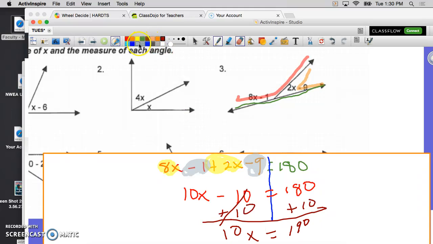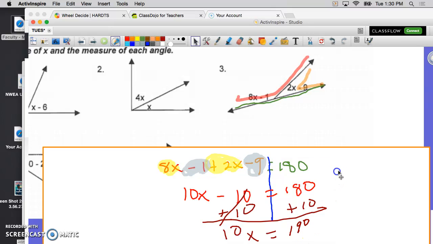Remember, x is still not by itself, so what do I need to do? I need to divide by 10. How do I know I'm dividing by 10? Because any number right next to a letter means multiply, so the opposite of what we see is to divide by 10. What you do to one side of the street, you must do to the other.